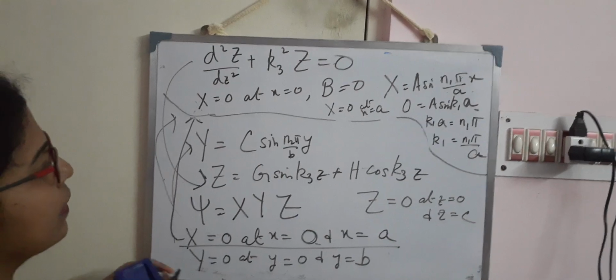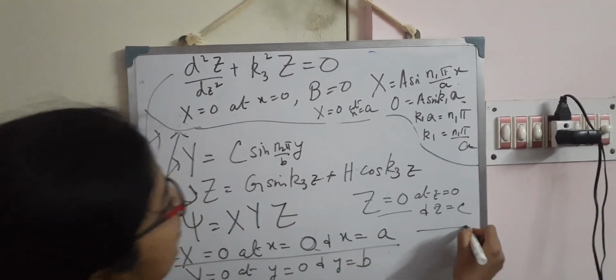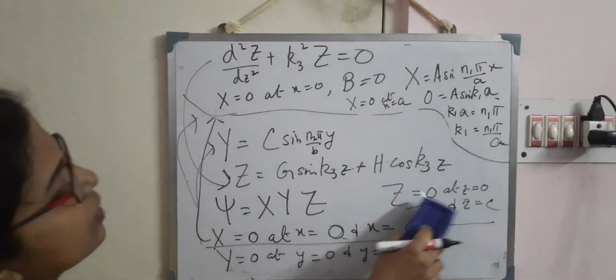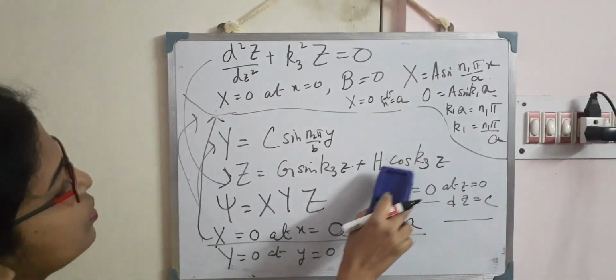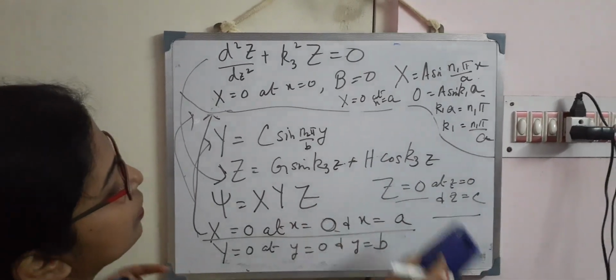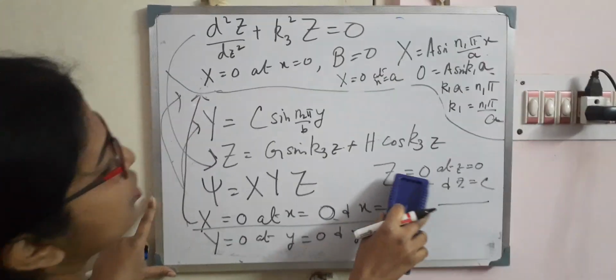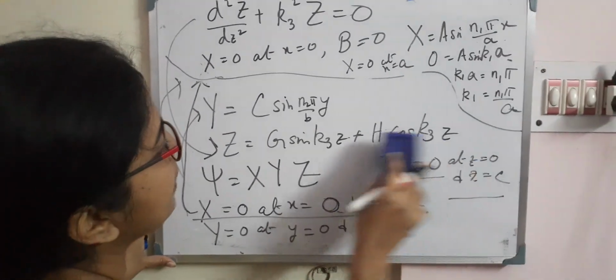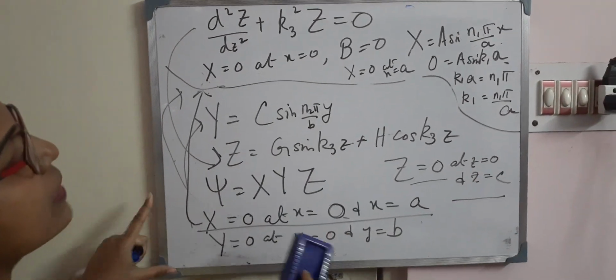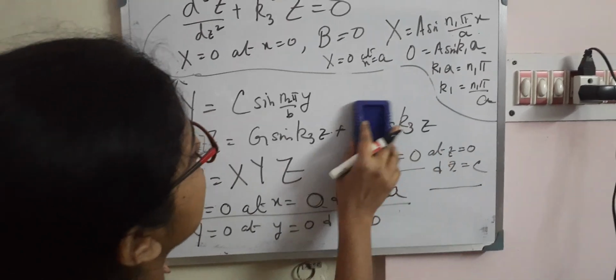Similarly, in Z, I apply the boundary condition: as Z is 0 at z equal to 0, this gives h to be 0, and the next boundary condition, Z equal to 0 at z equal to c, gives the value of k3 as n3 pi by c.